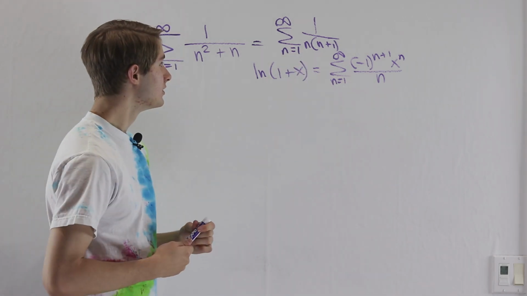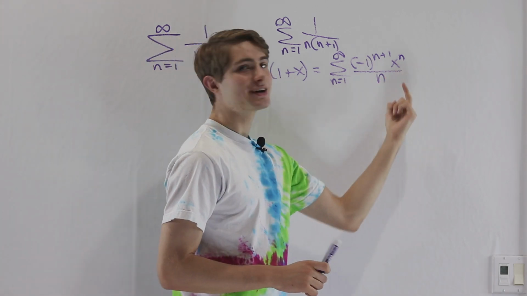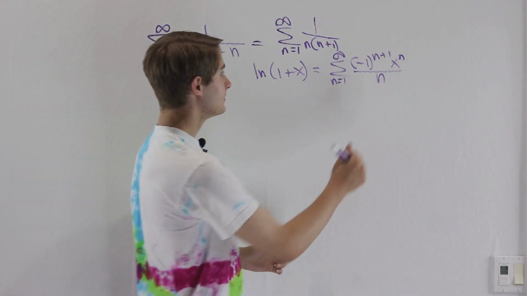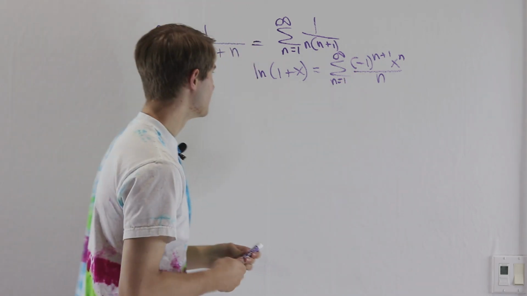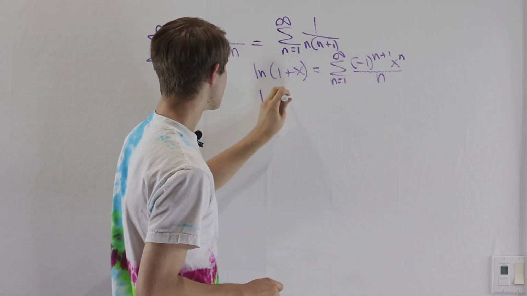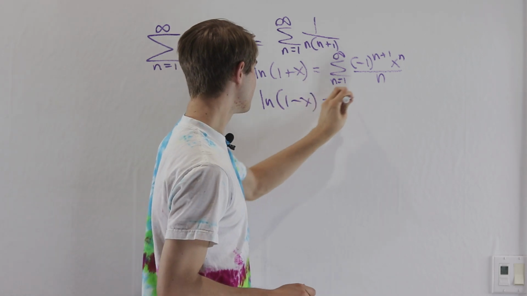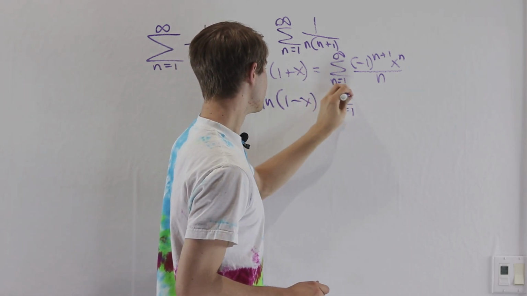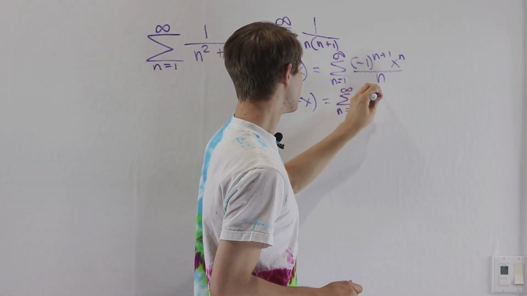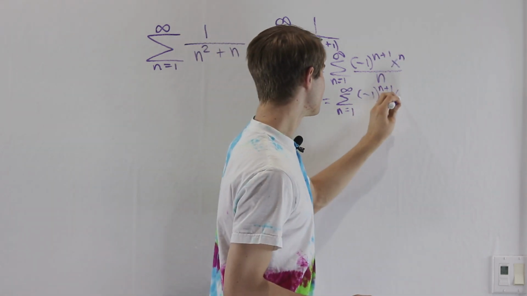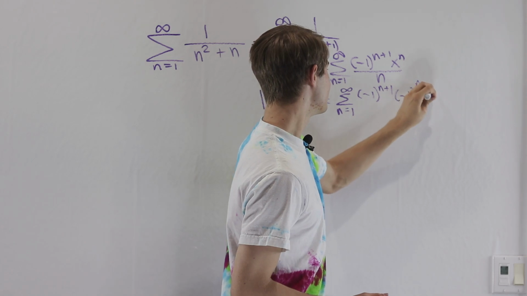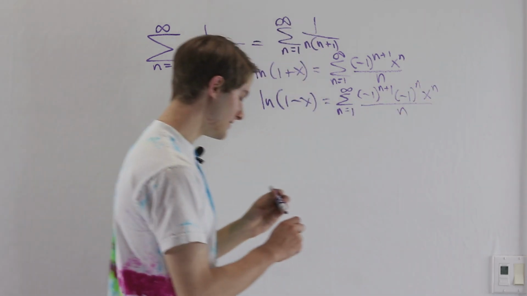First of all, if we had, instead of an x, a negative x, then we would be able to pull out a negative 1 to the n, which would cancel with this negative 1. So if we have the natural log of 1 minus x, then we'll get the sum from n equals 1 to infinity of negative 1 to the n plus 1, and then negative x to the n becomes negative 1 to the n times x to the n, all over n.